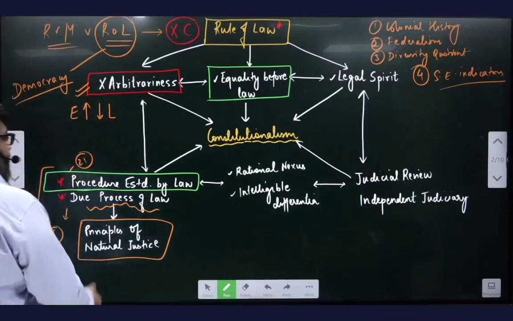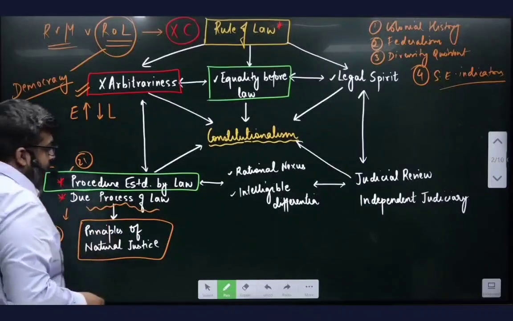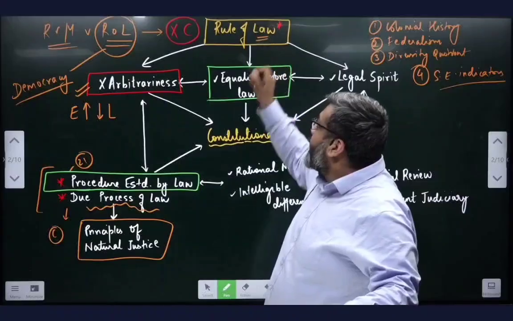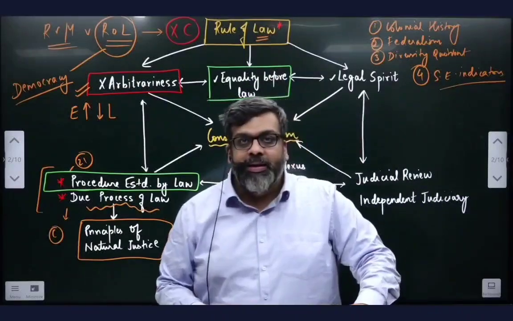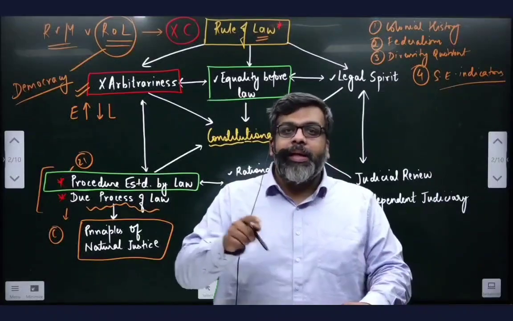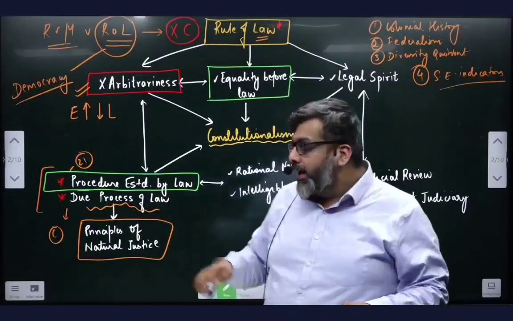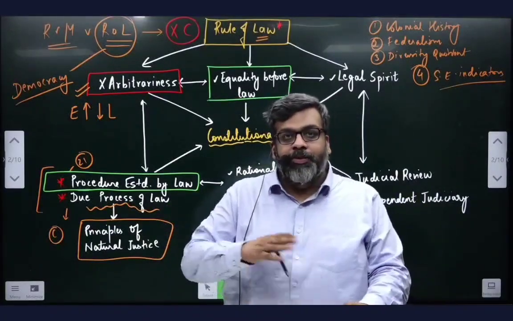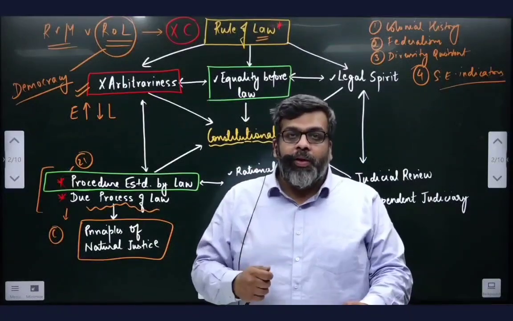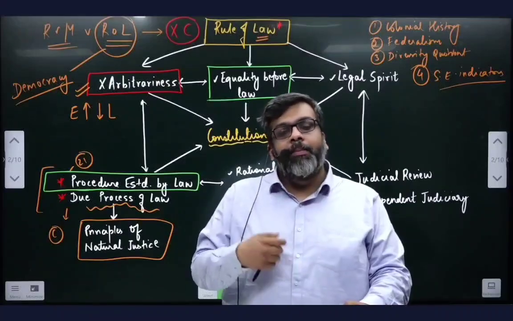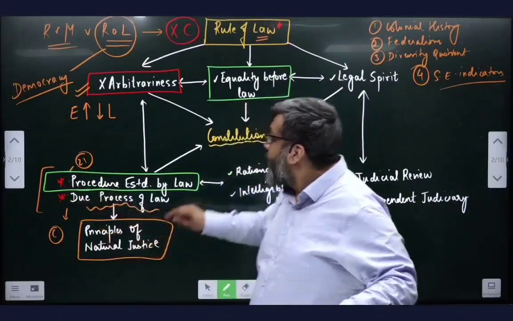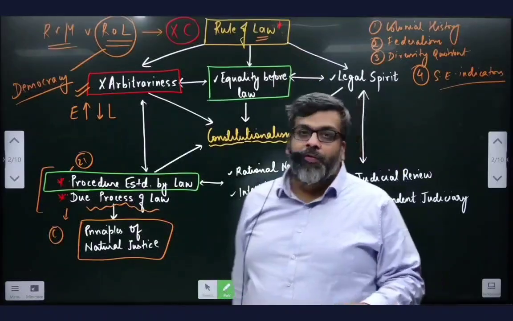Now, procedure established by law and due process of law also ensure the law is good enough to rule us. For there to be rule of law, the law should be worthy enough to rule over us. And therefore, if the law is procedurally sound, the law is substantively sound, then the law is good enough to be above us. And that's also why these become very important hallmarks of rule of law.